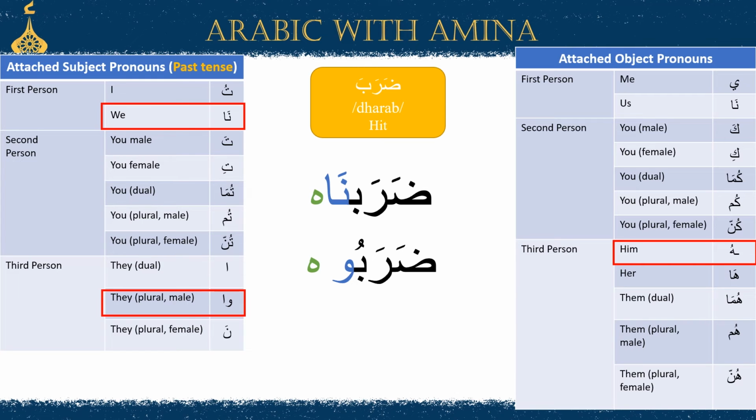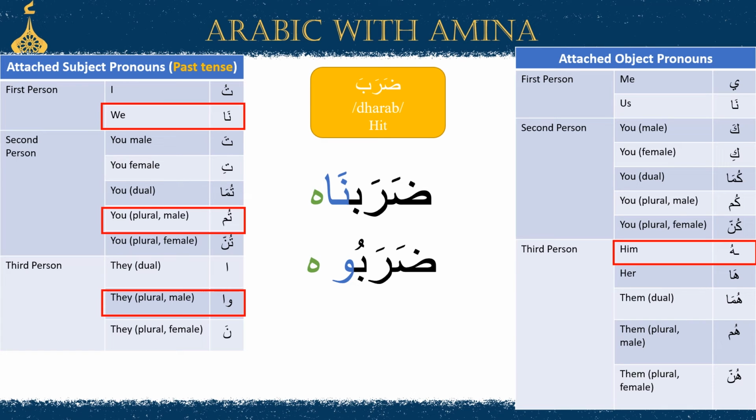Now our second exception to this rule is when we are using the second person you plural male pronoun, which is tum. And we're just going to keep on using the same object, him. The poor guy keeps on getting hit. So our sentence here is you hit him, and we are referring to a group of males specifically.